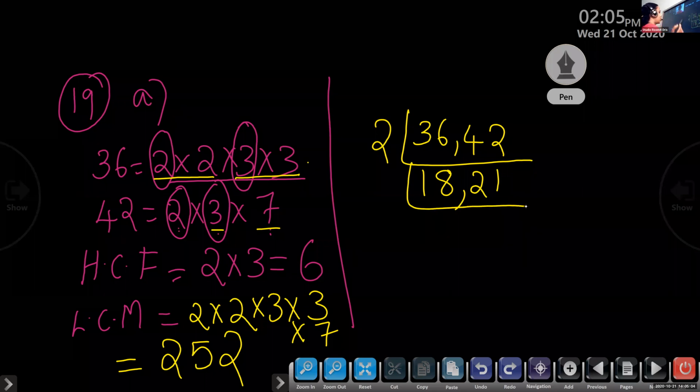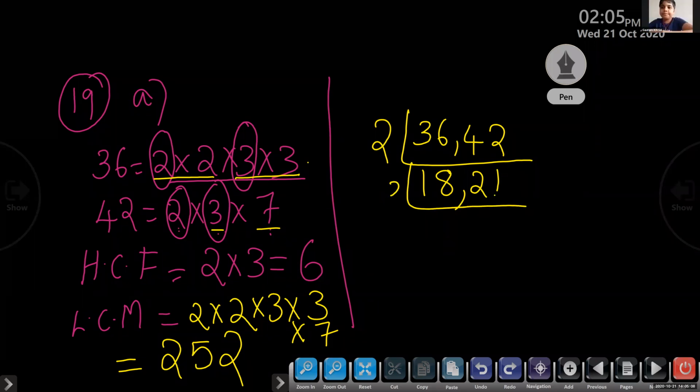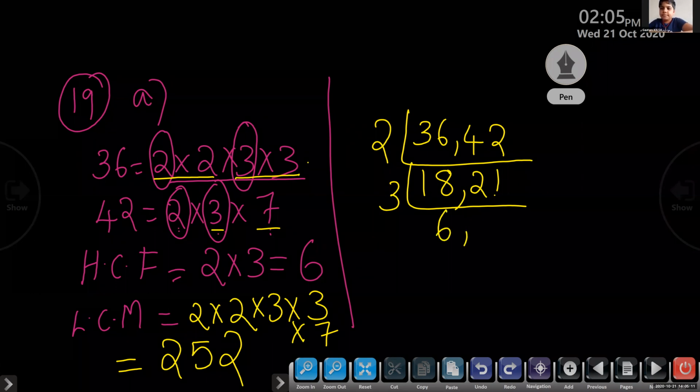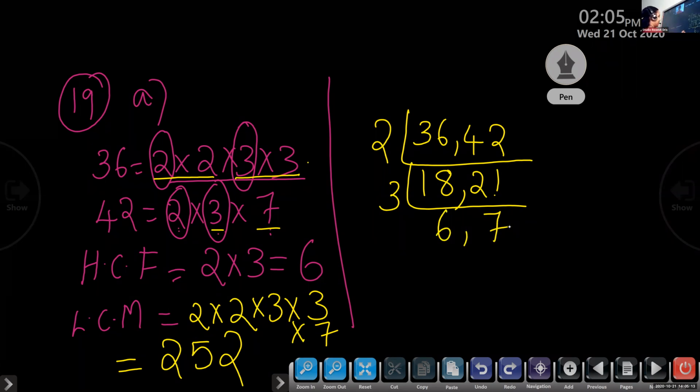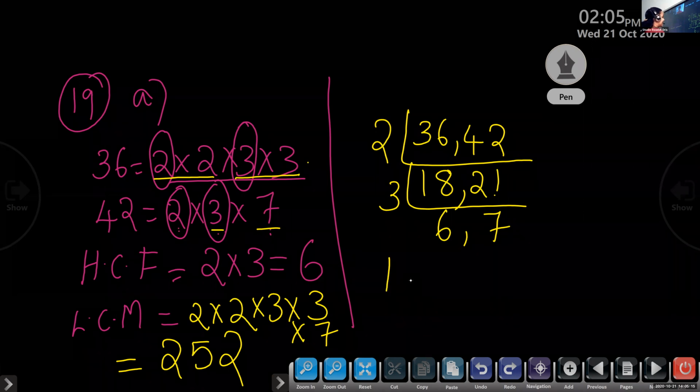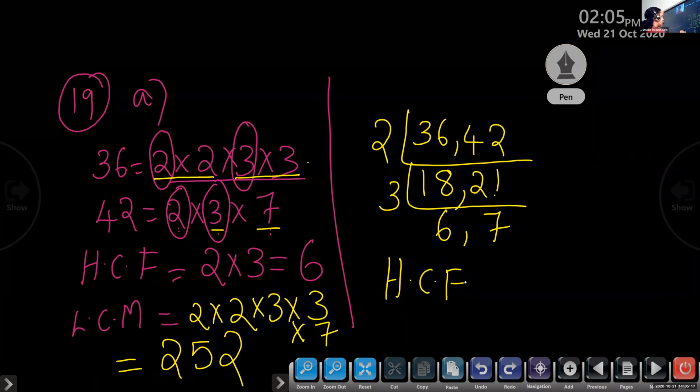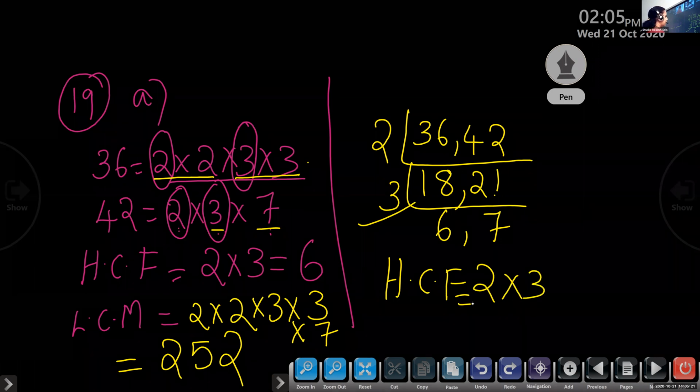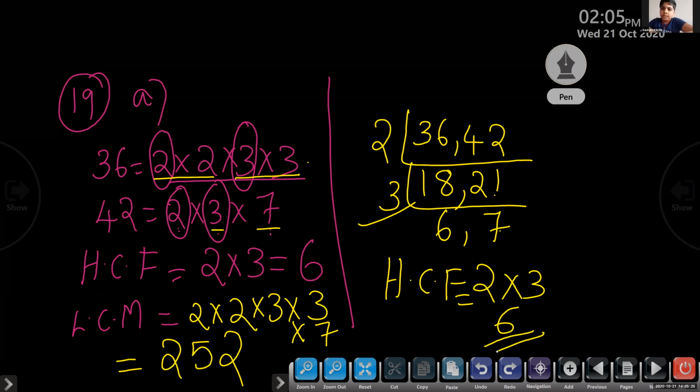Now, 2 is not possible because here 21, so we'll take 3. 3 into 6 is 18, 6. 7 into 3, 7. For HCF, we have to stop till here because 2 into 3 is only possible. Here 6 and 7, there is no common. 6. Understood? All of you? Yes, ma'am.